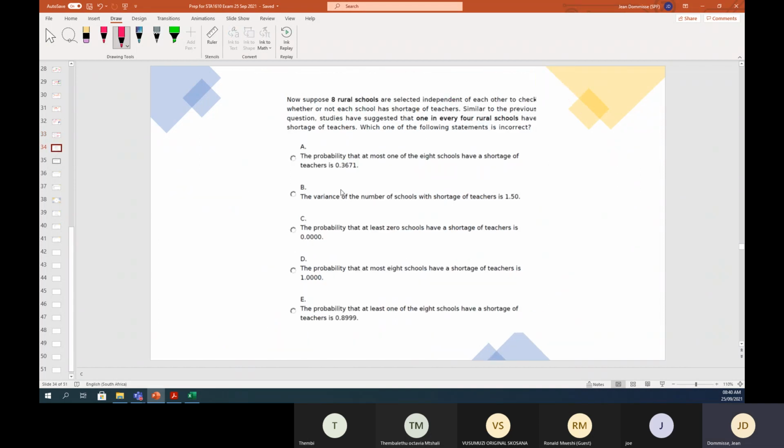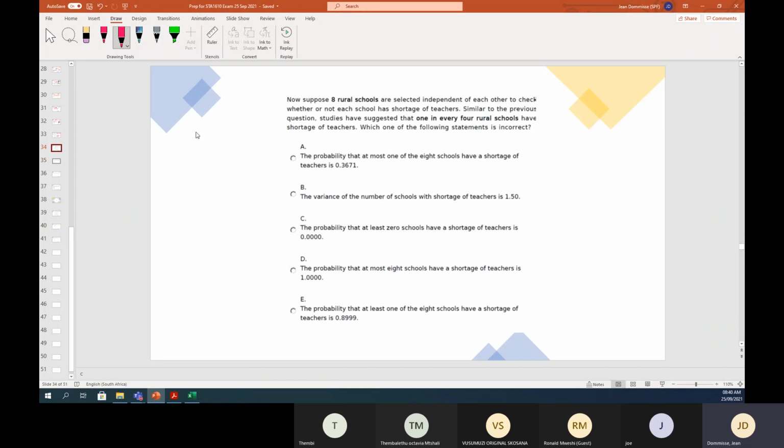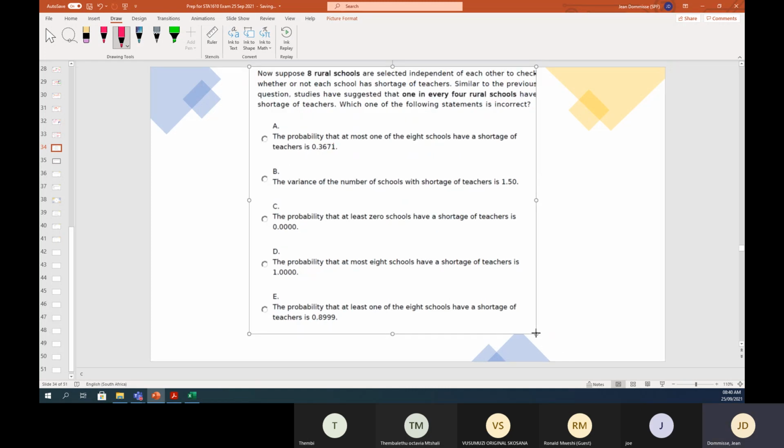Okay, so I think this is the last of the binomial, and then we go into the next set. So I just want to make it bigger.